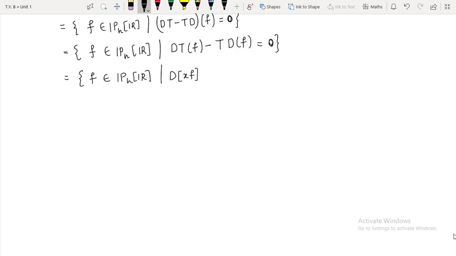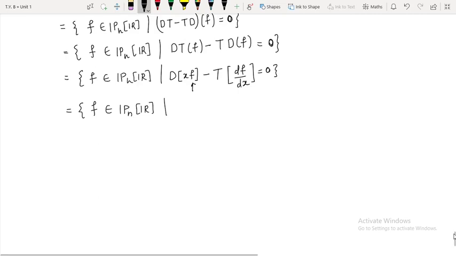So it will be D of xf minus T of, and what we have here, D of f is nothing but df upon dx, which is equal to 0. So it is the set of all f belonging to Pn of R such that, now simply take the derivative. Note f is a polynomial in x, and this x is also a polynomial of degree 1.